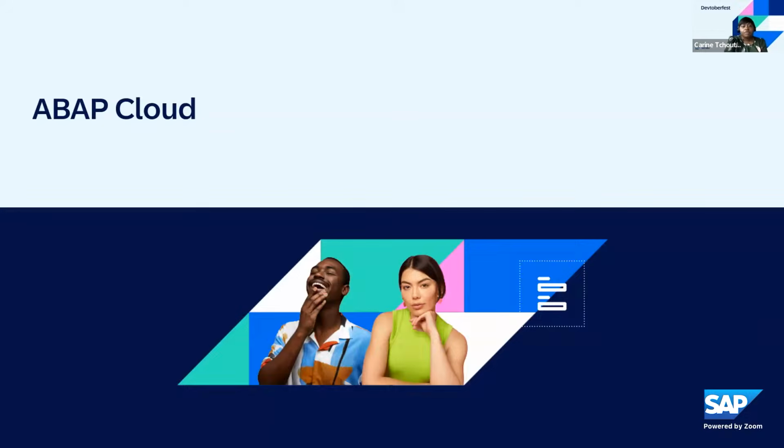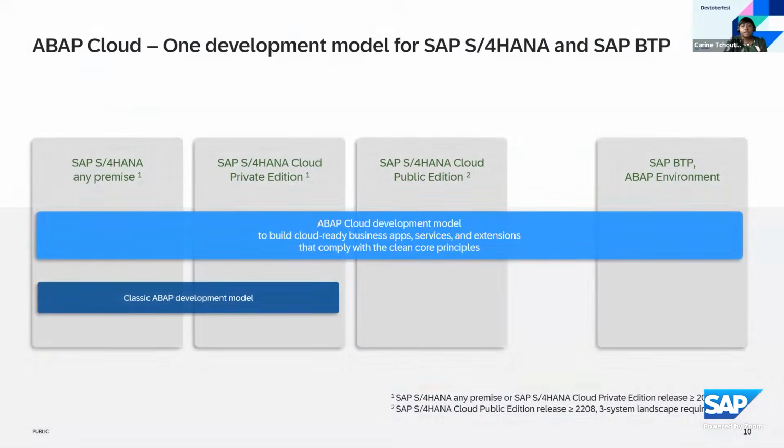So ABAP Cloud has been mentioned a lot so far. It's the ABAP development model we offer to support our customers and partners in building cloud-ready business apps, services, and extensions that are clean core, clean by definition.